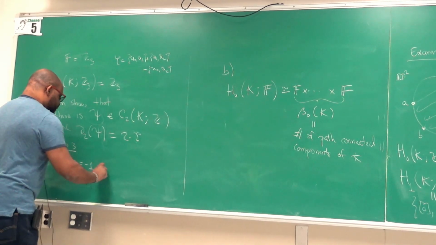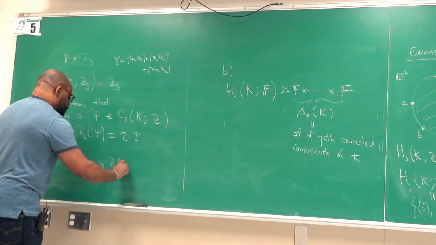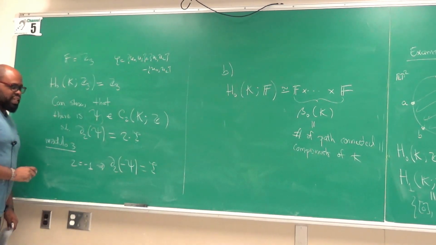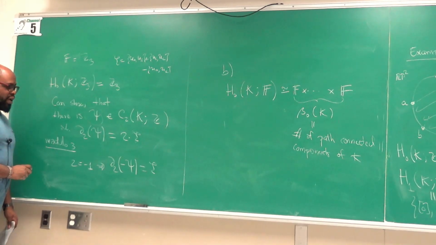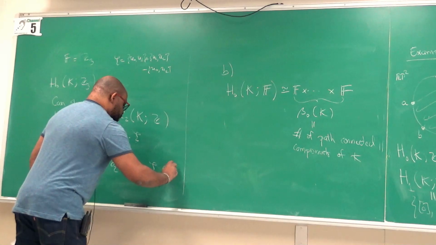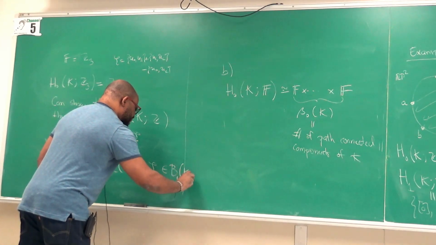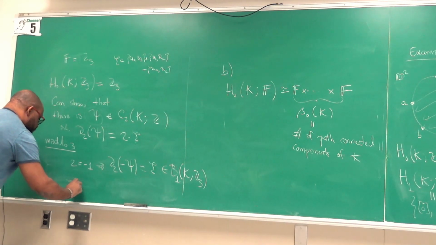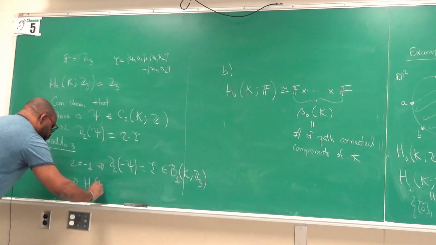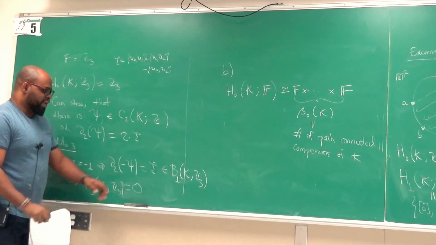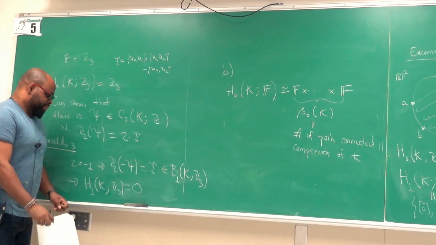So that implies that psi is a boundary, and therefore it kills the homology in degree 1. So in particular, H1 of K with Z3 coefficients is now 0, because this was the only class that we had before.